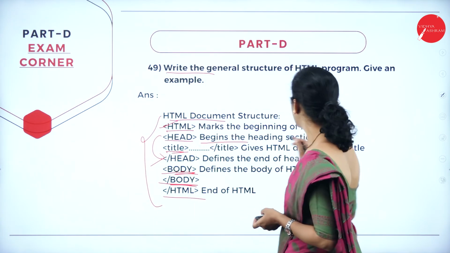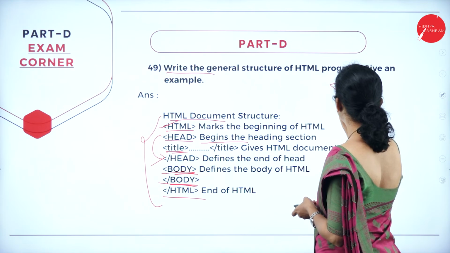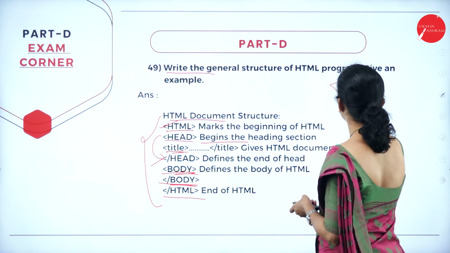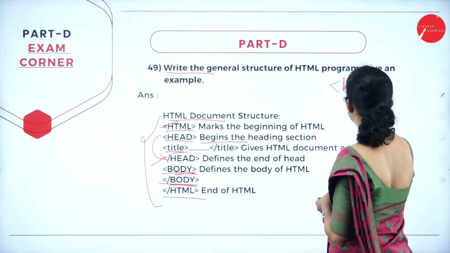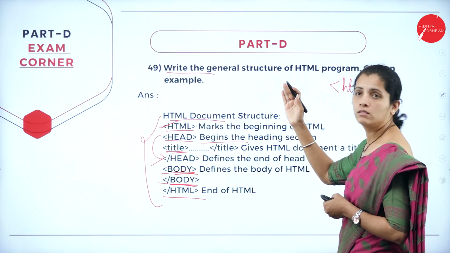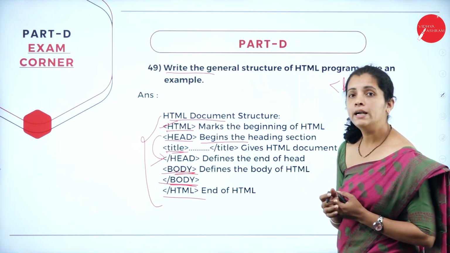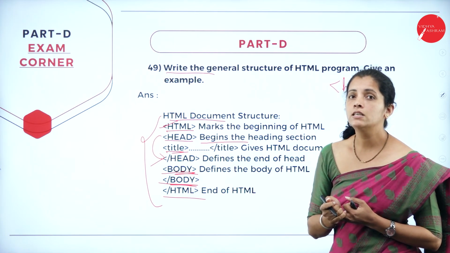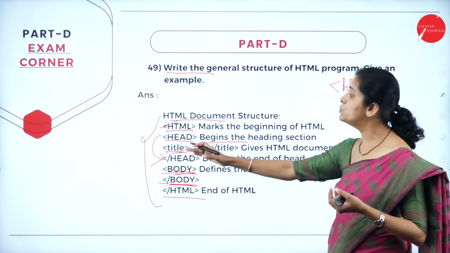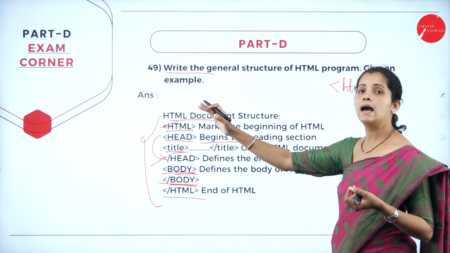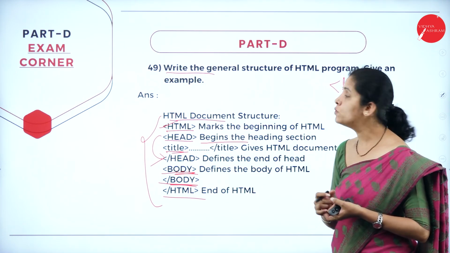Now let me write the example here. At the beginning, I'm going to have HTML tag. Dear student, please make a note here. HTML, that is hypertext markup language, is case insensitive. That means I can use capital letters as well as small letters in my program.